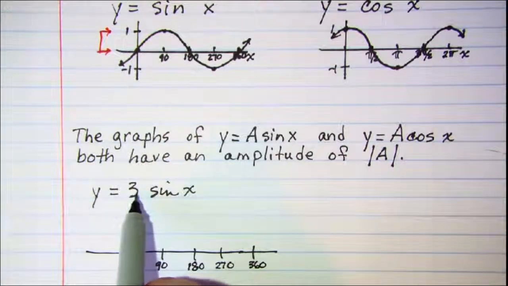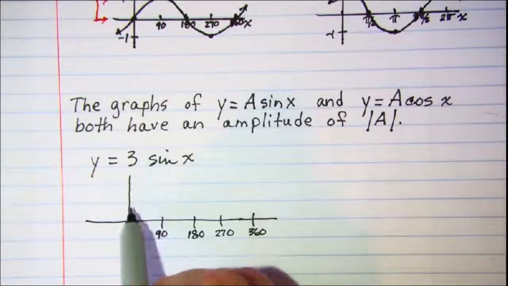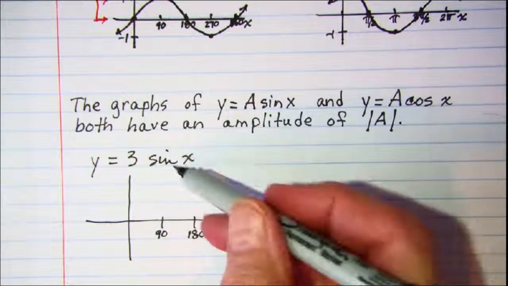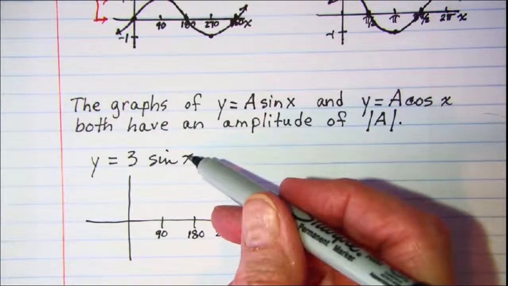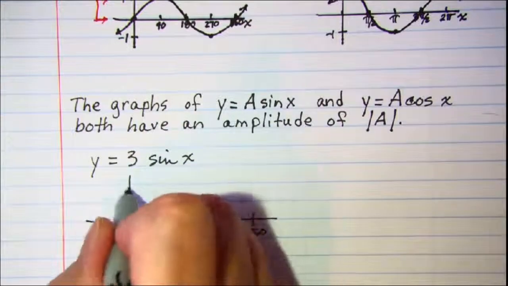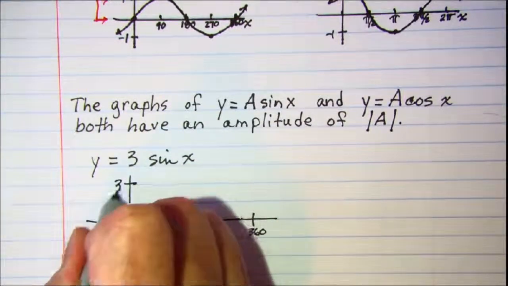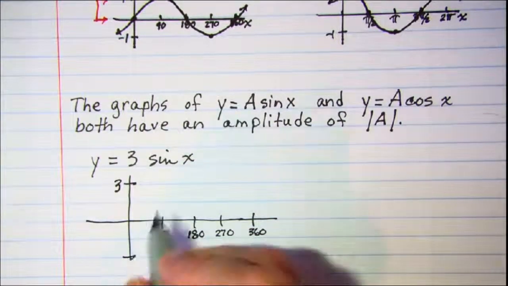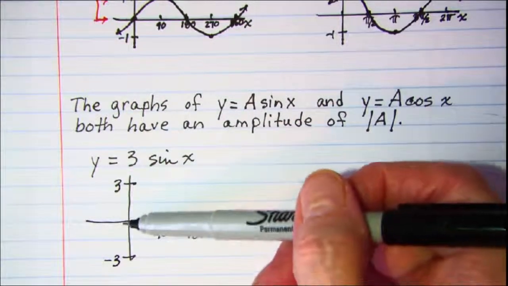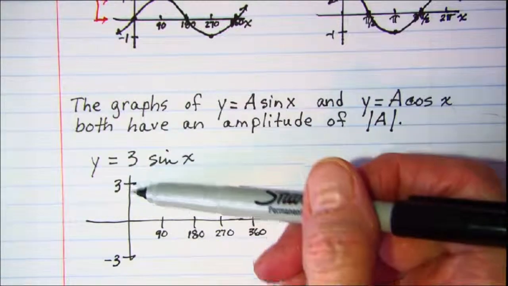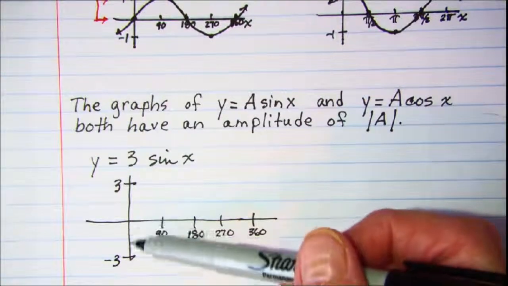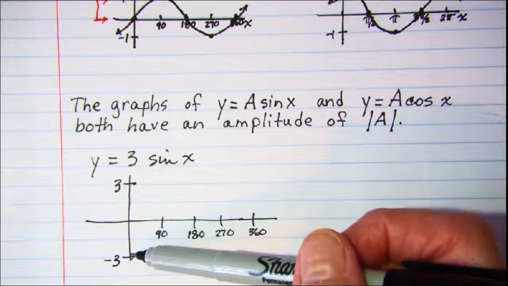My 3 in front represents how far up above the center line, and since that's all we're doing, we're not moving this curve up, down, right, or left, or compressing or anything else. Then my maximum is going to be at 3, and my minimum is going to be at -3. So from the center line to the maximum point is 3 units, and from the center line to the minimum point is 3 units.